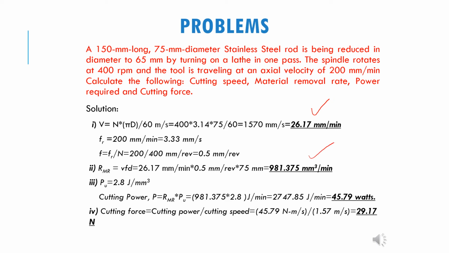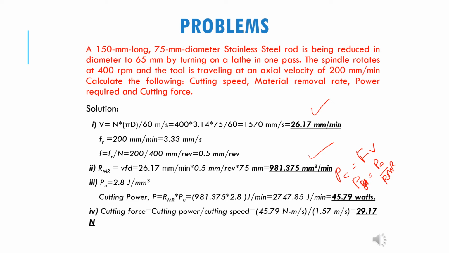Okay, so for the third one, it is power required. If you can remember from the previous one, PU is inside here, since power of cutting is equal to FV, right? F is not given, so you can use PU equal to PC over RMR.